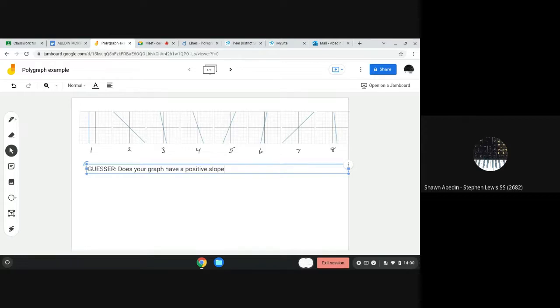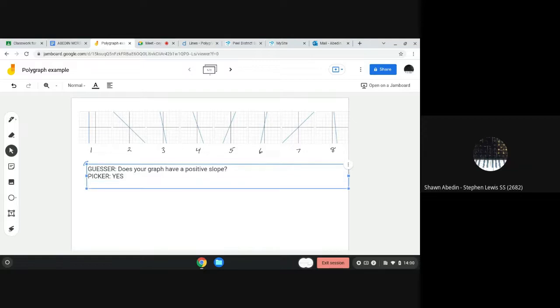So this is definitely a characteristic of lines. Then the person who picked the graph, and we'll call that person the picker, let's say they say yes. Okay.